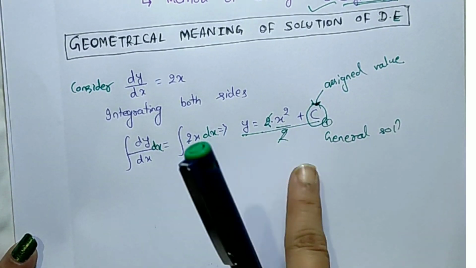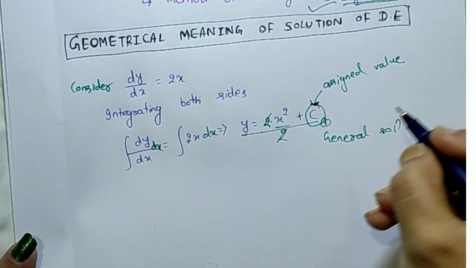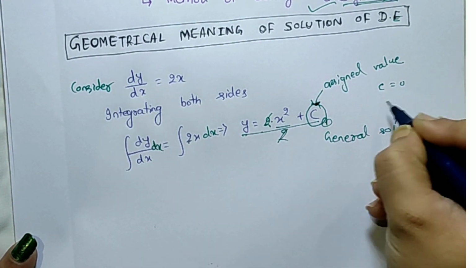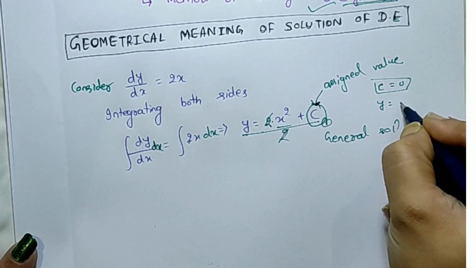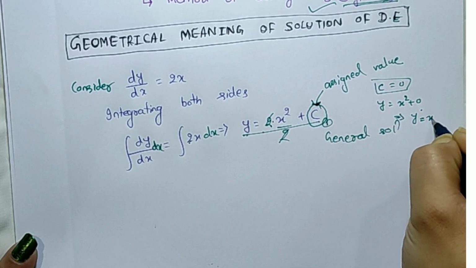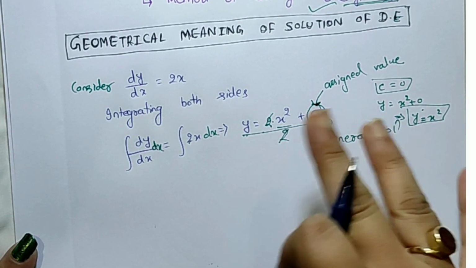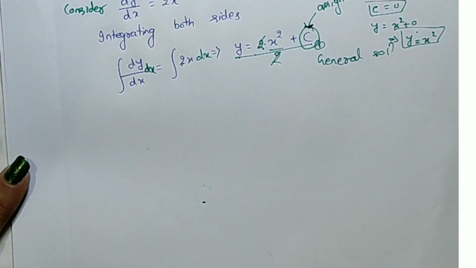If we assign a value to this arbitrary constant, then we find a particular solution. Suppose c is equal to 0, then y is equal to x square plus 0, which implies that y is equal to x square. This is a particular solution because there is no arbitrary constant.